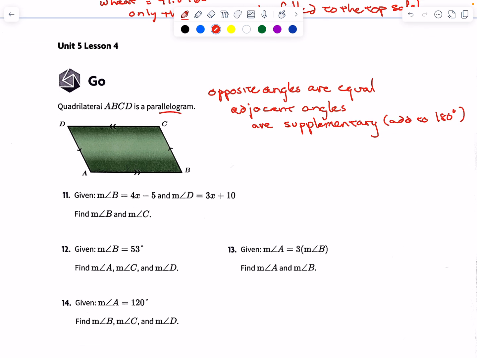So B and D are equal. So subtract 3x. Minus 5 is 55 degrees. And so the measure of angle B is 55 degrees. Measure of angle C is supplementary.